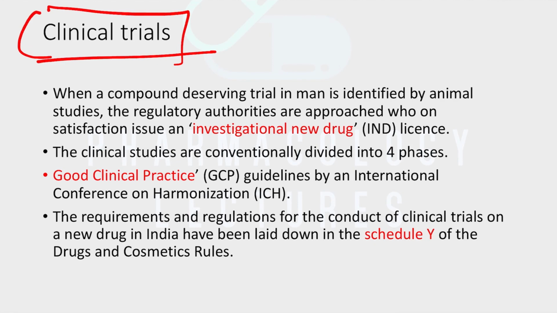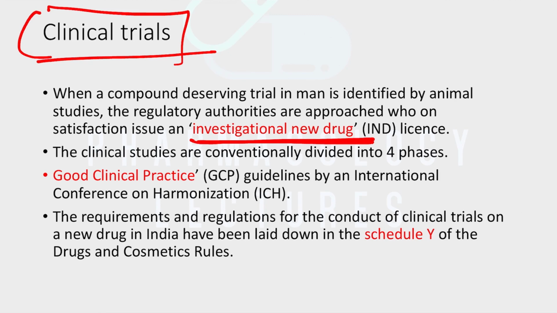The procedure and permissions which we get from the FDA is called the Investigational New Drug. So introducing an IND into human subjects, that is called an investigational new drug.